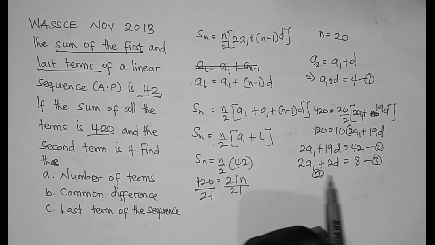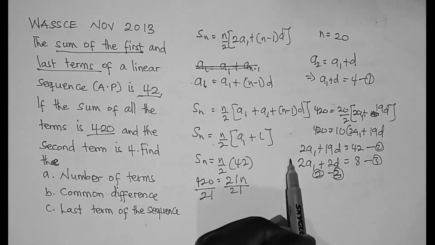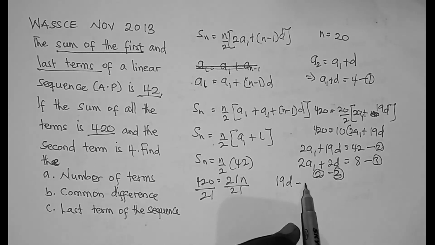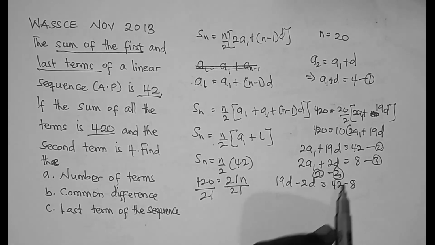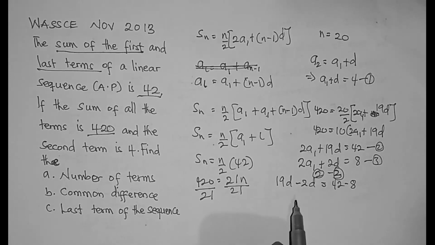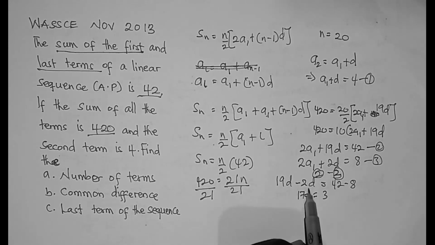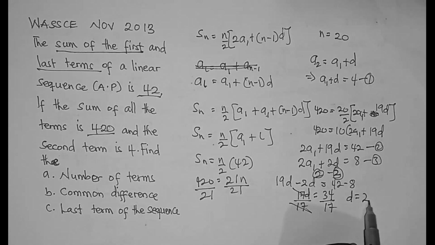Let's find equation 2 minus equation 3. 2a1 minus 2a1 is 0. So we get 19d minus 2d equals 42 minus 8. So 17d equals 34, and dividing through by 17, we find that d is equal to 2.